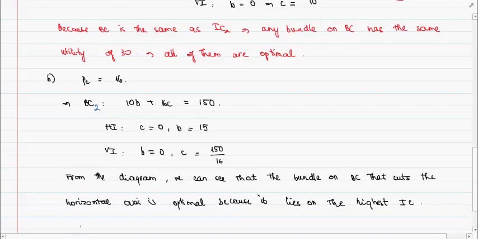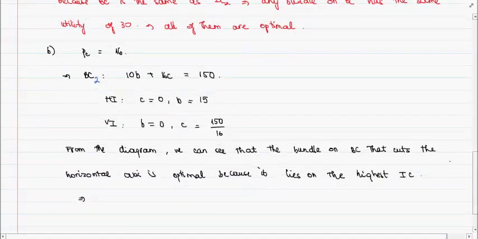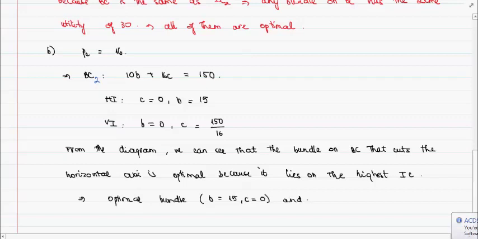So therefore the optimal bundle still has a utility level of 30. The optimal bundle has B of 15 and C of 0, and so the utility level of this optimal bundle is going to be 30.